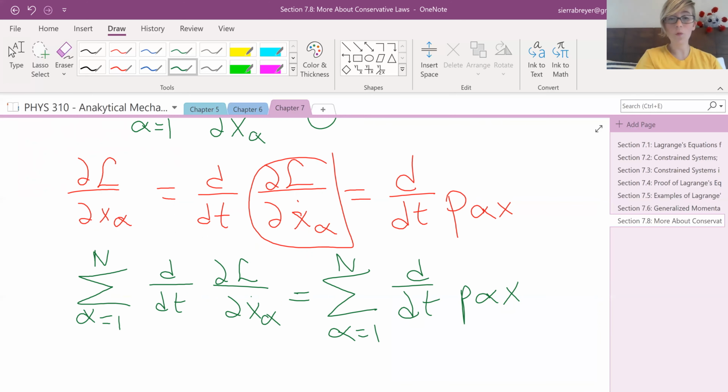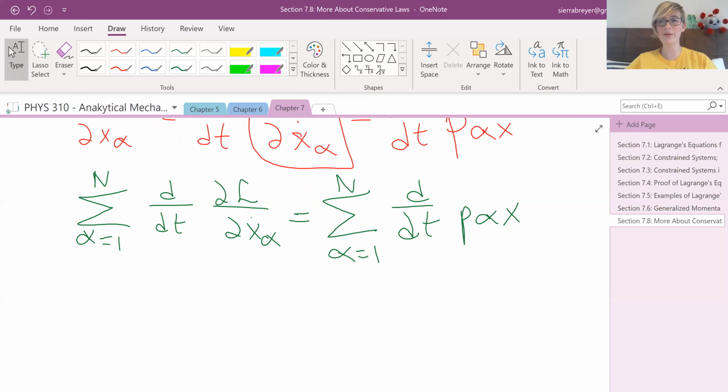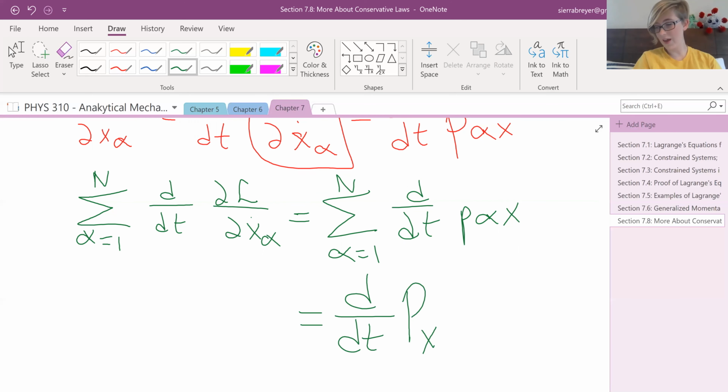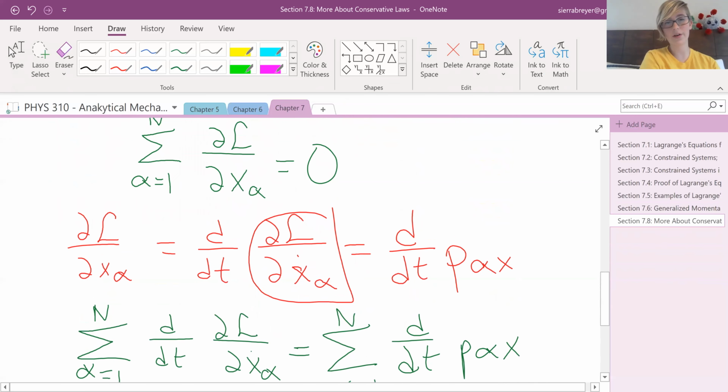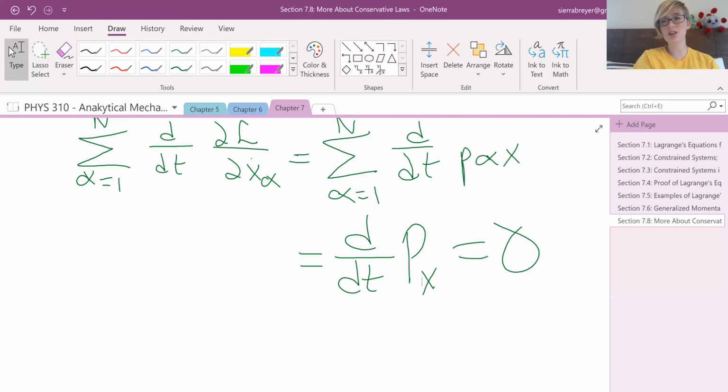Okay. Which, after it's done being a sum, is literally just adding all the segments of momentum back into each other. So we can say that that is total momentum, so that whole thing right there just equals our time derivative of the momentum in the x direction, and that's going to be equal to 0 still from our equation right there, which just means that our momentum doesn't change over time.